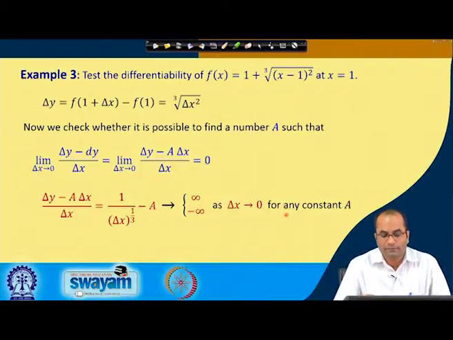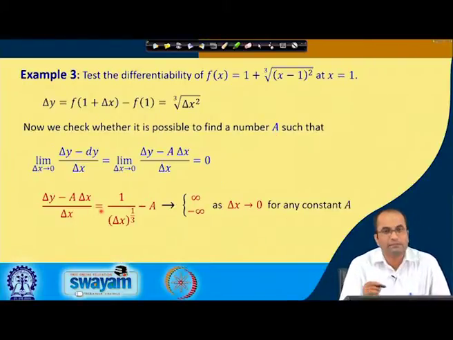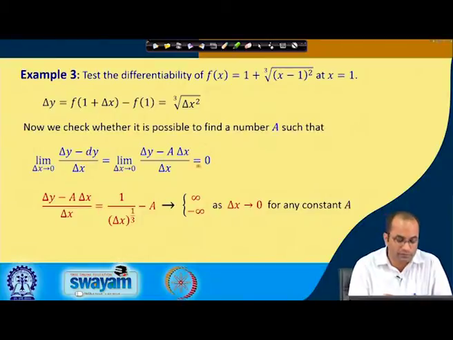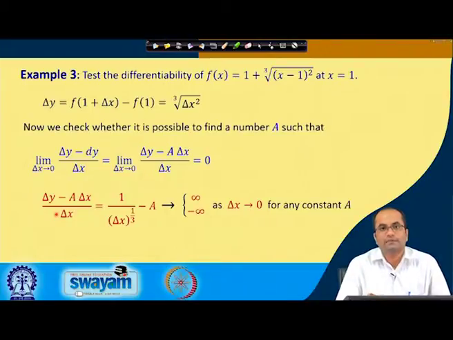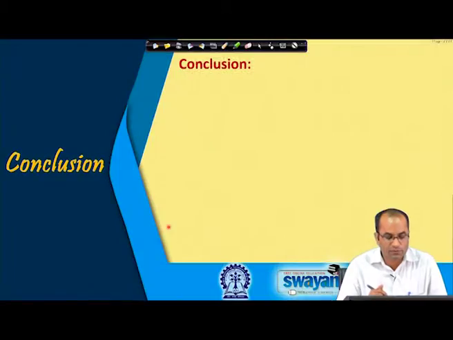It means we cannot get such a constant so that this quotient has the limit 0, which is required for differentiability. So we do not have such a finite number a so that this quotient has the limit 0 as delta x approaches 0. In fact, this limit does not exist.